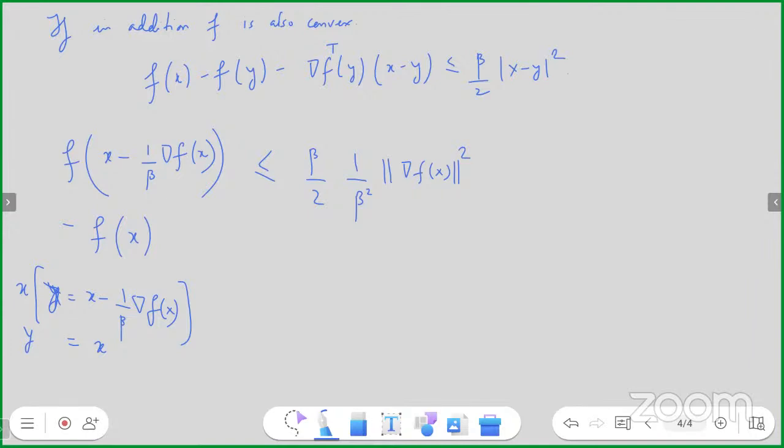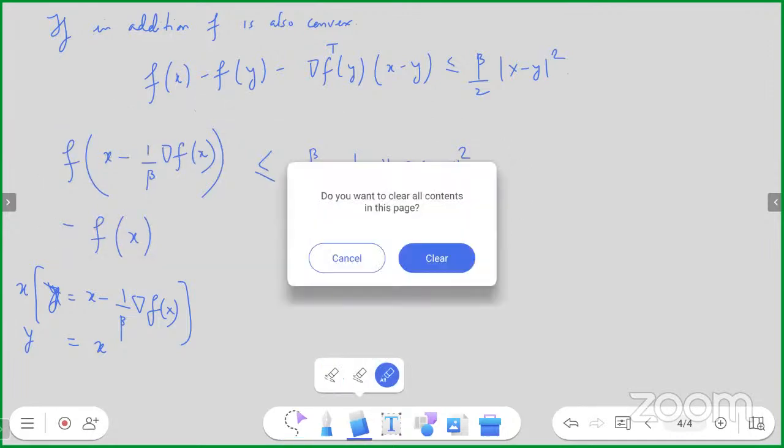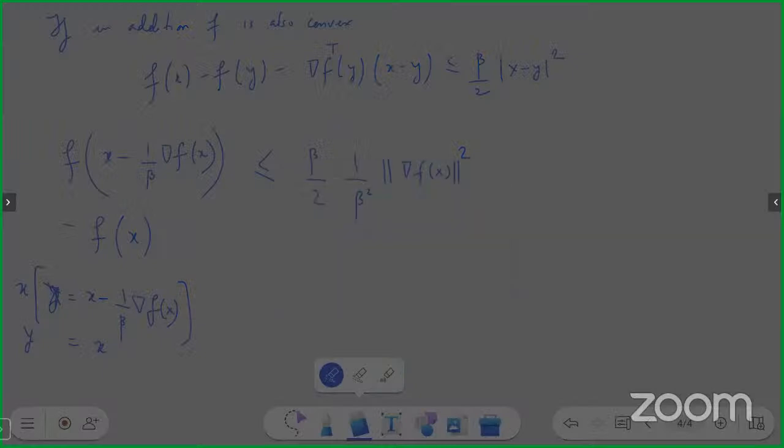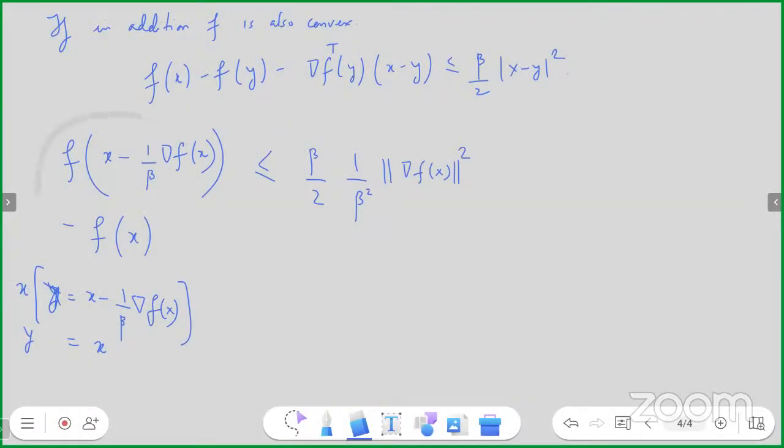Let's do it long form. This is definitely incorrect, so let's just erase all of this. Can I erase all of this? Wait. So what do you do?